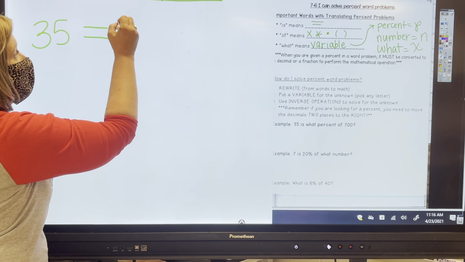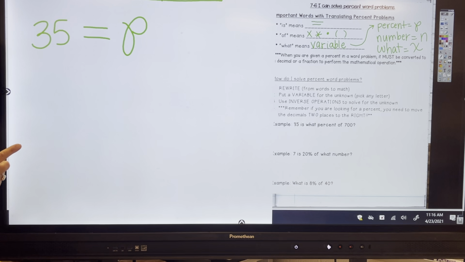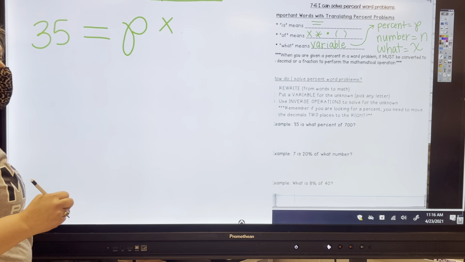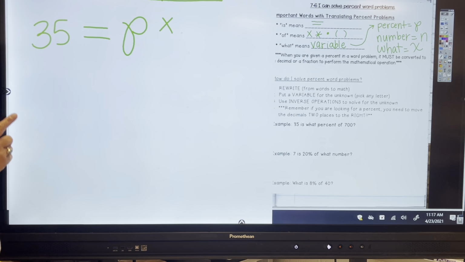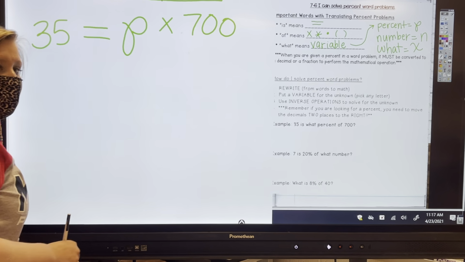P. And I'm going to put a P right there. What does of mean? Multiply. So I'm going to put X. 700, is that math or words? Math. So I'm going to write 700.